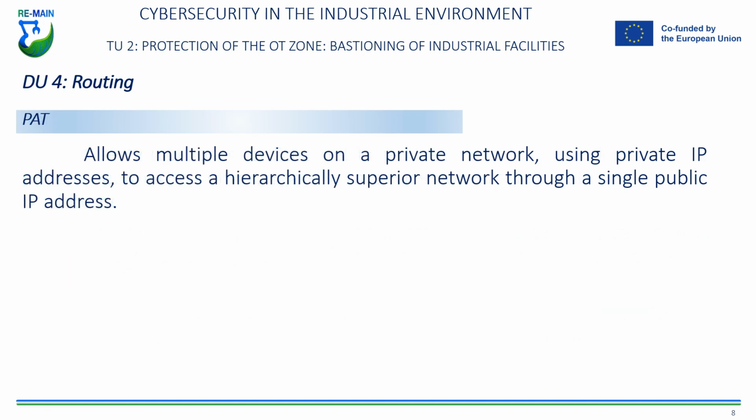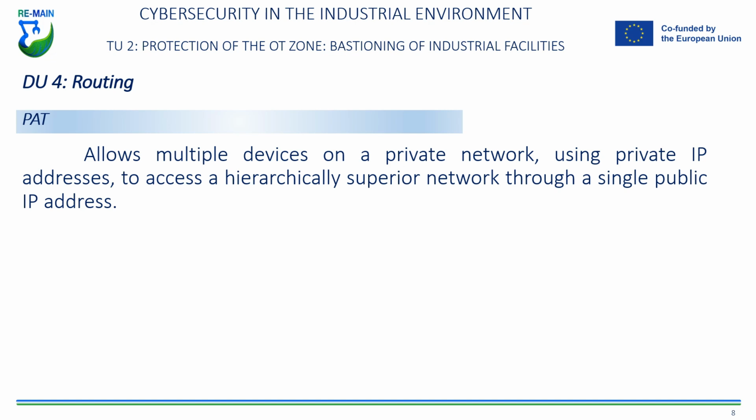PAT is a technique used in routers to allow multiple devices on a private network, using private IP addresses, to access a higher-level network through a single public IP address. When a device on the private network communicates with a server on the higher-level network, the router translates the device's private IP address into a public IP address and assigns a unique port number so that the server can send responses to the correct device.